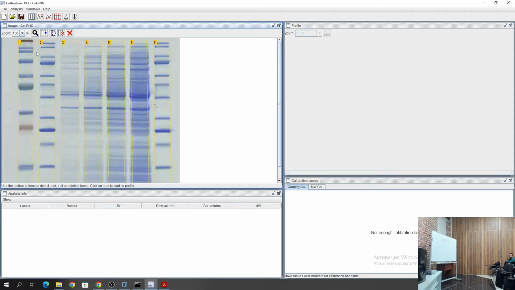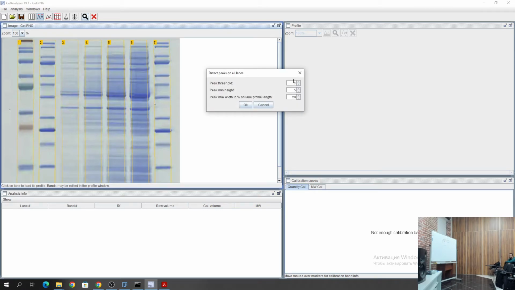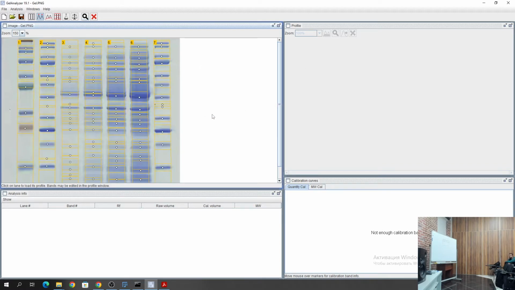Then we want to detect bands inside our lanes. We can also do it automatically. Here are some parameters which you can change in order to detect all of your bands. I will change them a little bit. Let's see if it works right or not.